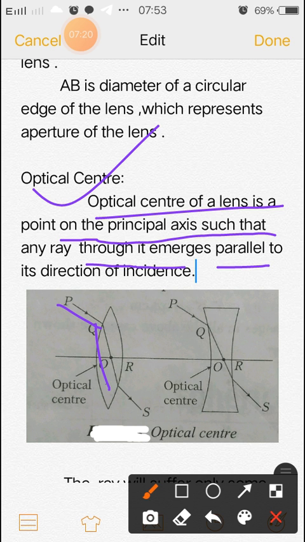Again at the point R, refraction occurs, and after refraction it passes along RS. So you can see PQ and RS are parallel. So this is the definition of optical center.